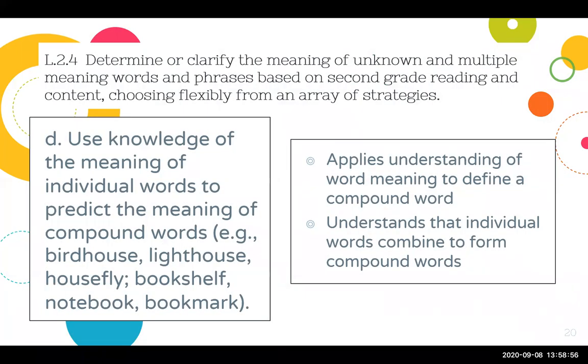And finally, we see that John will also benefit from practice related to substrand D. Use knowledge of the meaning of individual words to predict the meaning of compound words. In the box on the right side, we see that John has already demonstrated the skill of applying understanding of word meaning to define a compound word, and he understands that individual words combine to form compound words.